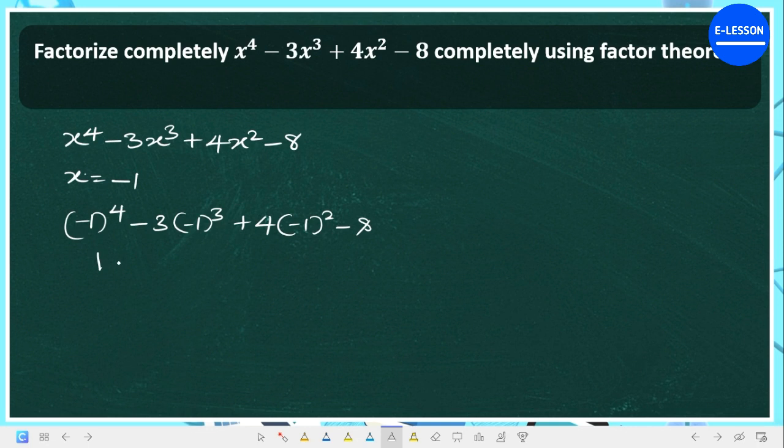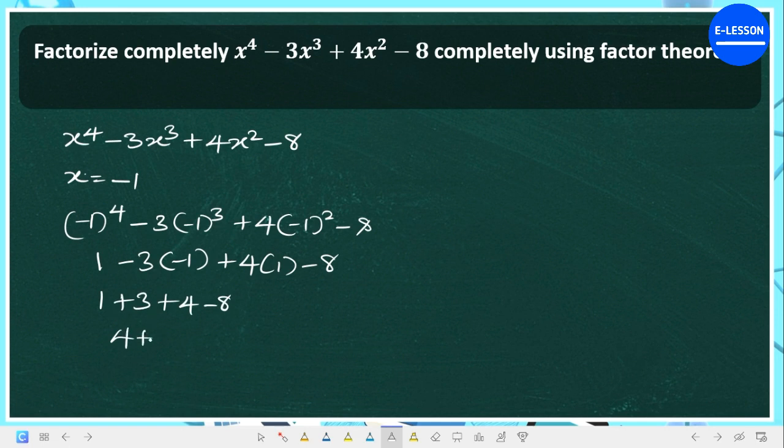Minus 1 raised to the power of 3 is minus 1. Minus 1 squared is 1, then minus 8. This will give us 1 minus 3 times minus 1 is plus 3, so 1 plus 3 is 4.